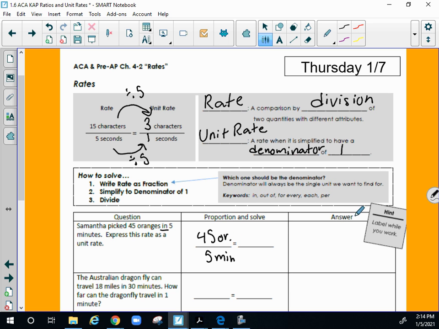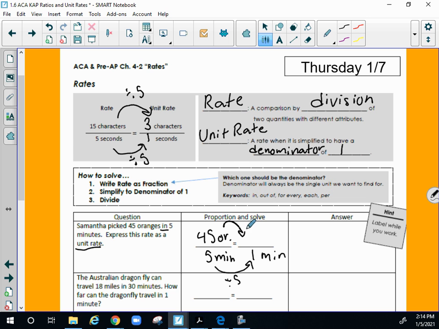Over here we have a hint that says label while you work. This is going to help us keep everything straight so we know how to write our answer. If we're trying to find the unit rate, then we need this new denominator to be 1. So if we need to get 5 to 1, we can divide by 5.